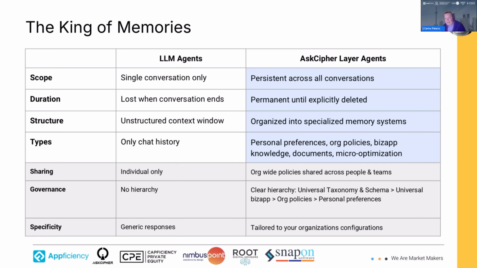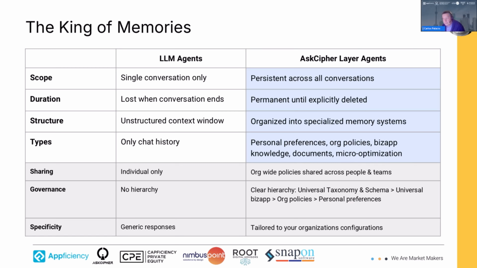We govern that with a clear hierarchy. For example, our organizational policy overrides something that is in your normal preferences, because it's being pushed for the organization. And that is one of the biggest differences between commercial AIs and general LLMs: Ask Cipher is built from the ground up for the business. So we know that these cases are going to happen, and we implemented it that way.